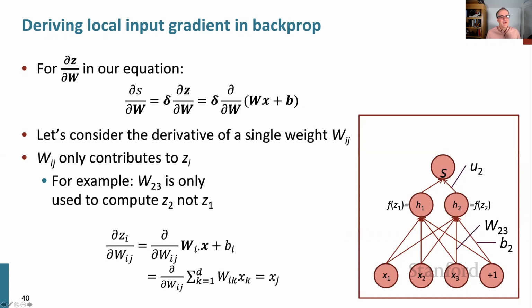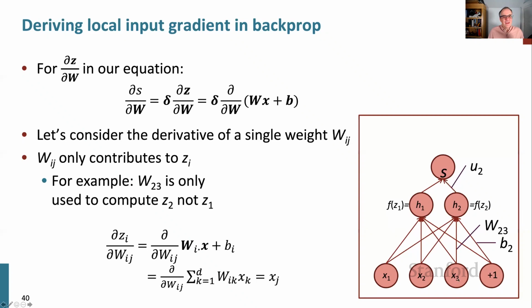So let's just consider for a moment what the derivative is with respect to a single weight Wij. Wij might be W23, as shown in my little neural network here. And the first thing to notice is that Wij only contributes to Zi.